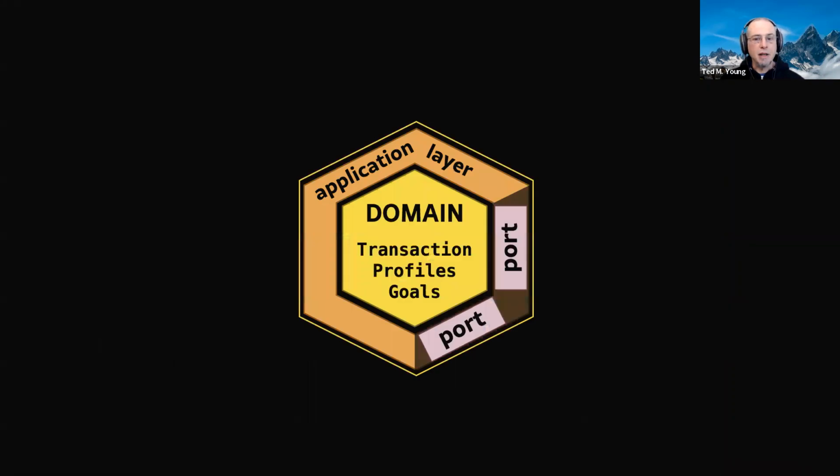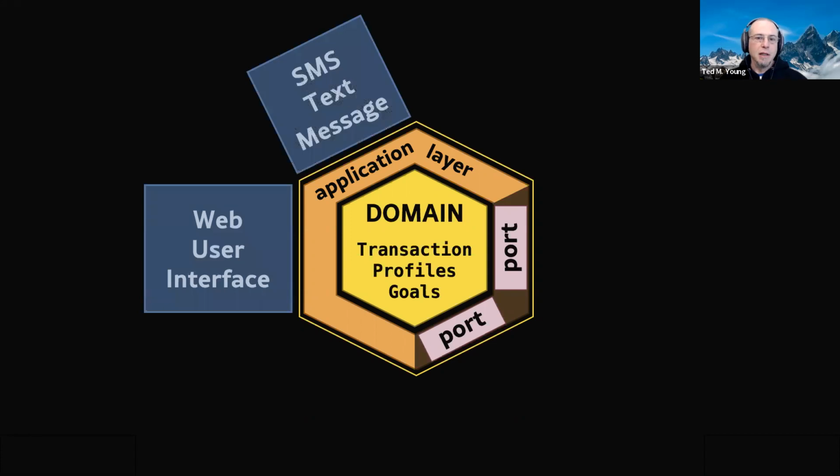And so from a hexagonal diagram point of view, what we have is our core hexagon. It's got the domain, so things like transactions and profiles and goals for savings. And it's got an application layer. And then it's got a web UI and an SMS text message. These are the inbound adapters. These are the ones that translate the outside world, whether it's HTML forms that have a post button on it or a text message that comes in.